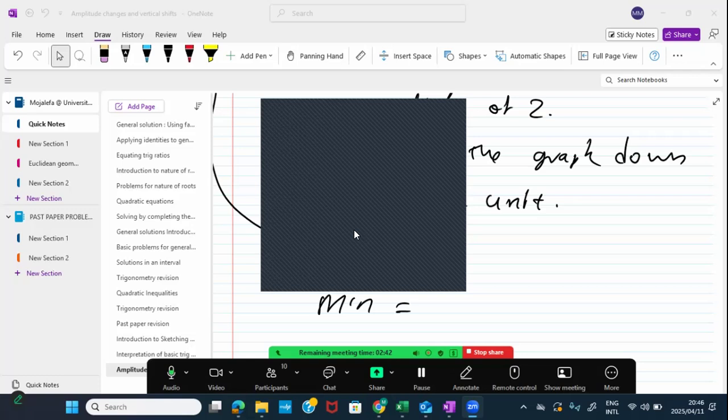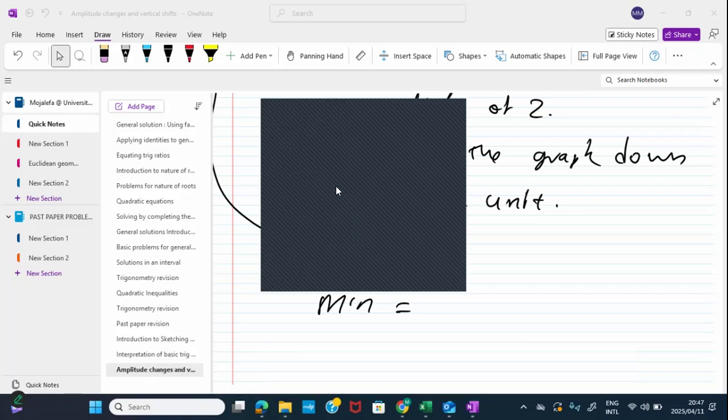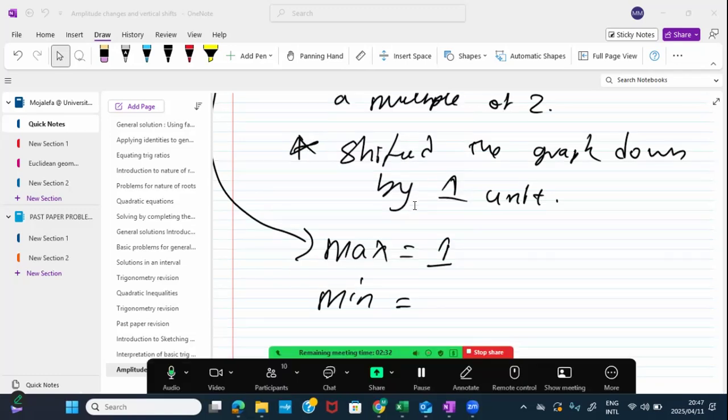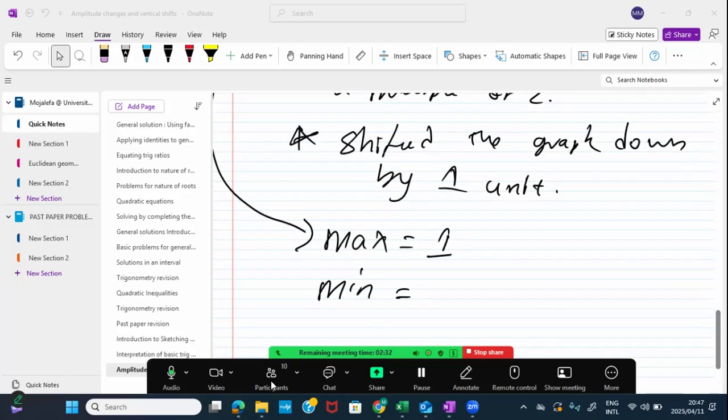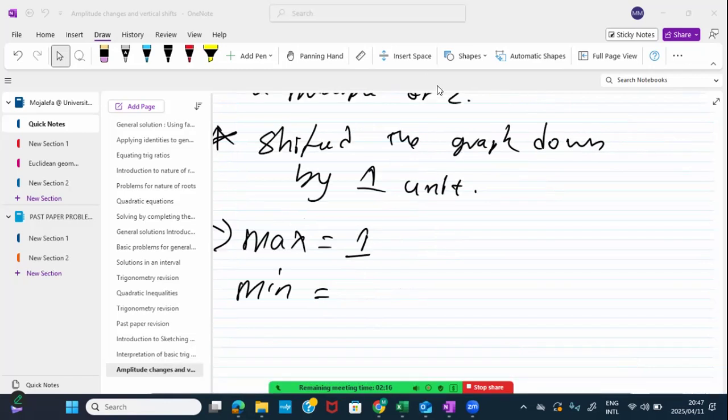It's Nosipo. Okay, Nosipo said 1. Does anyone disagree with Nosipo? Isn't the maximum value going to be 2? Okay. That's what I wanted. Another person says 2.